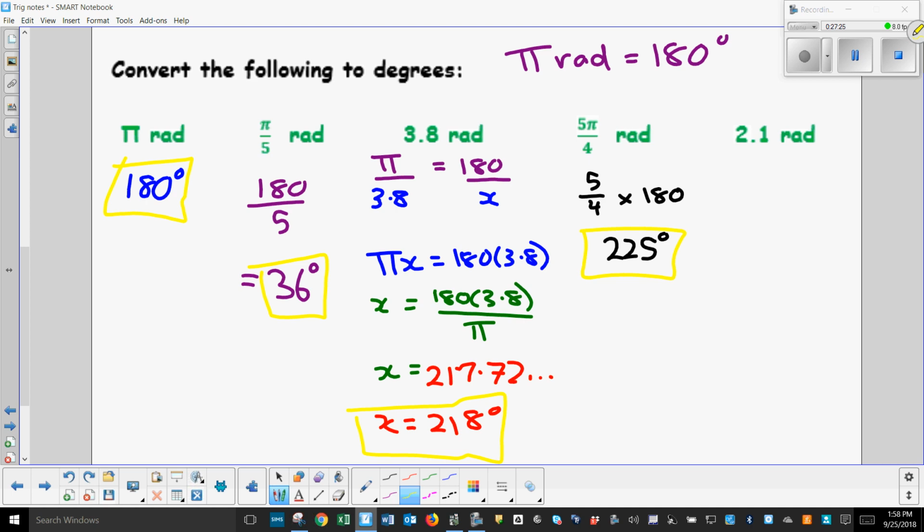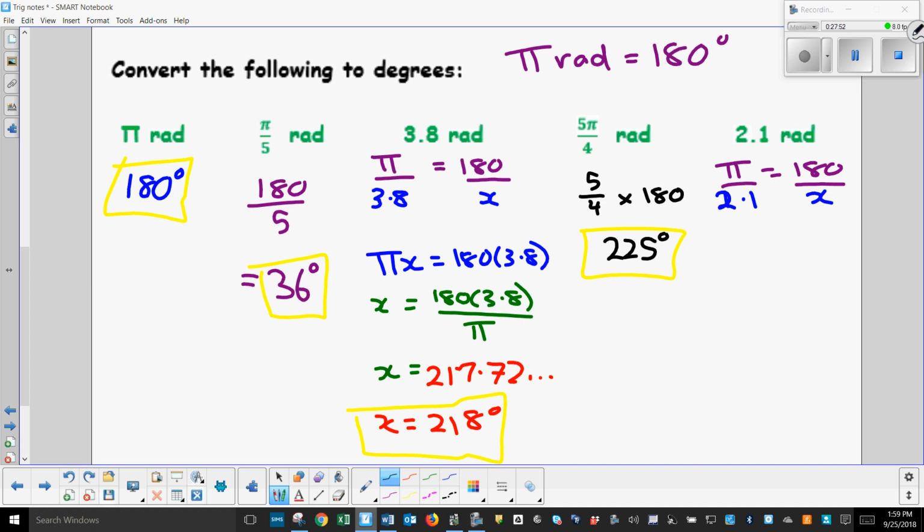2.1 radians is going to be another awkward one again. Or it could be awkward where we set it up like this: pi over 2.1 equals 180 over x. I'm going to do 2.1 over 2.1 equals 180 over x. Remember, radians over radians, degrees over degrees, and multiply.